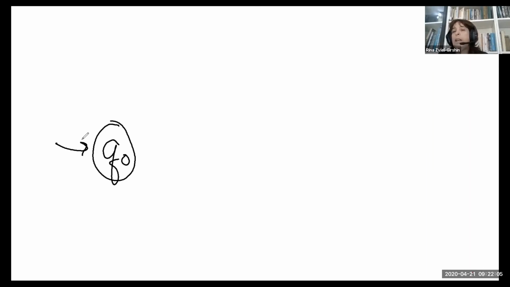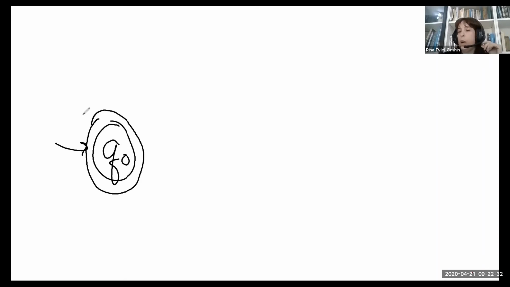For example, here, the perfect question would be, what do we do with an empty word? Should we accept it or not? So I will give you two solutions. We will start with the empty word actually belonging to the language. So if the empty word belongs to our language, then Q0 should be an accepting state.